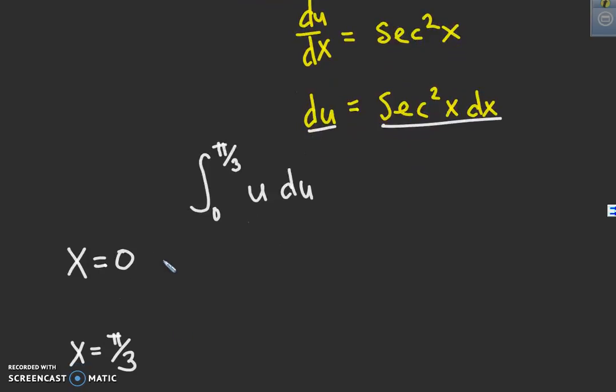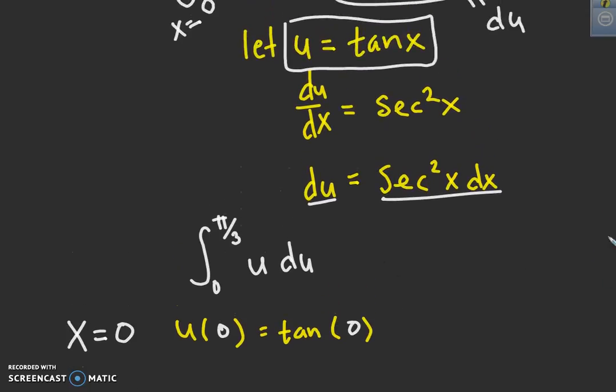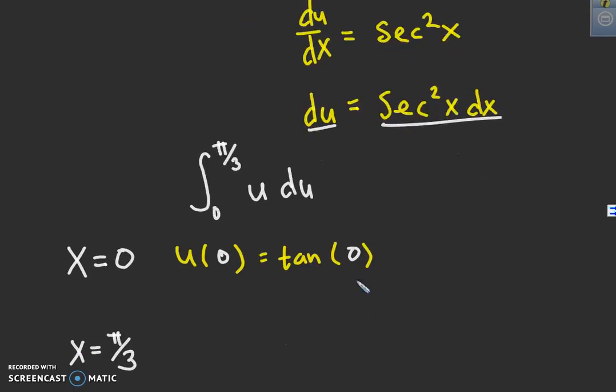So we have u of 0 is equal to tangent of 0. All I did was plug in x equals 0 here, and if you remember from the unit circle, tangent of 0 is 0.